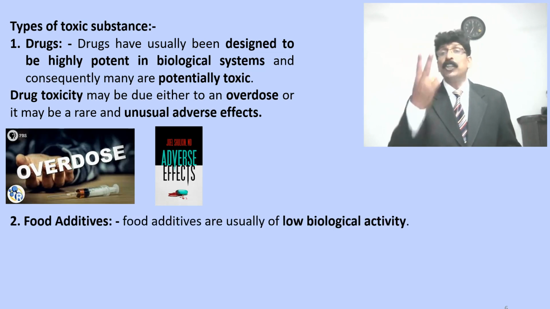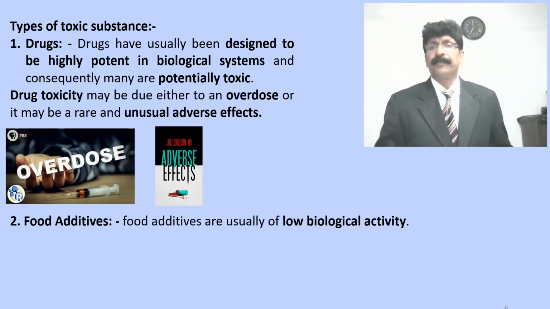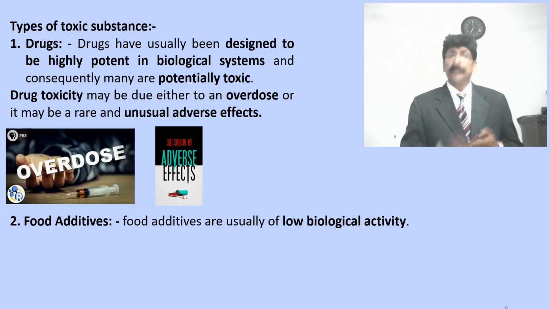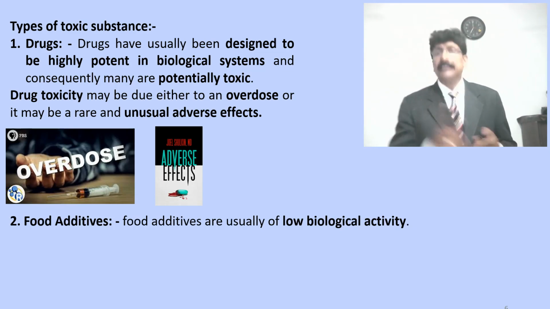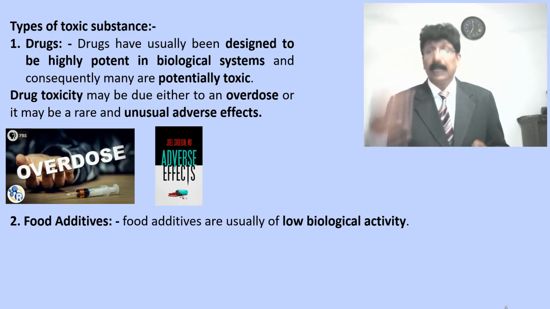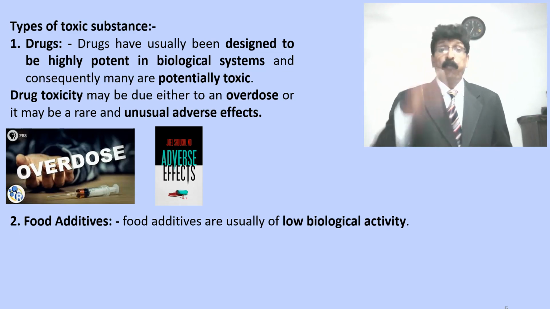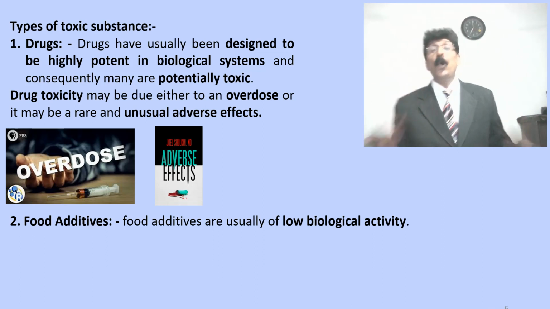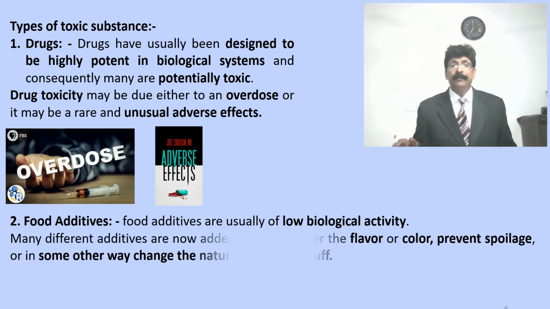So number 2, food additives. Food toxicity is in our syllabus. It is in this chapter. In this next chapter is that one. So food additives are usually of low biological activity.